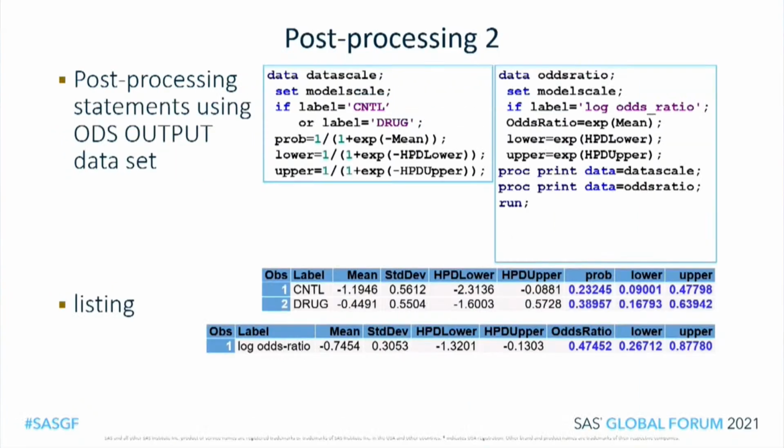So the second post-processing approach uses the ODS output. This output a data set called Datascale, or rather model scale. So we create a set called Datascale. And what I've done is a separate data set for what would be the least squares means, and another data set for the odds ratio.